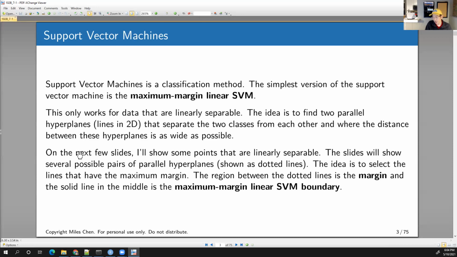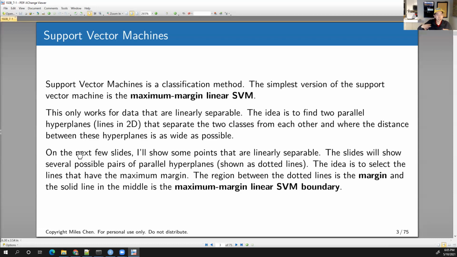And so the idea here is that we are going to find parallel hyperplanes. All of my examples will be two-dimensional, and so a hyperplane in 2D is just a line, okay? But you can imagine data that exists in higher dimensions. If it's in 3D, you're looking for basically a plane in 3D space that will separate our data.